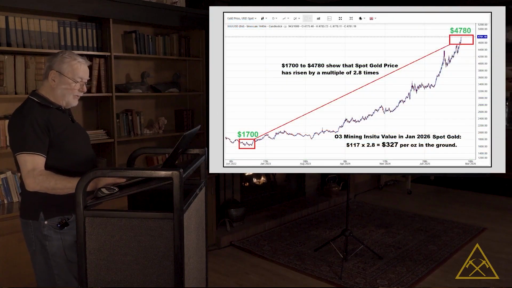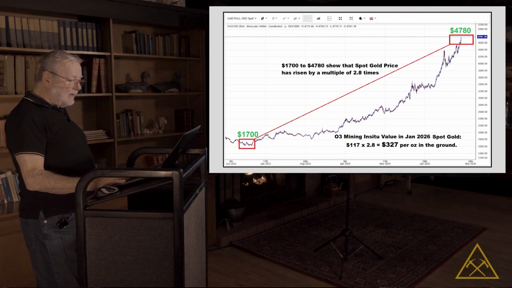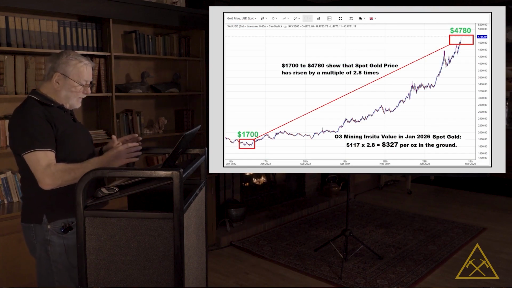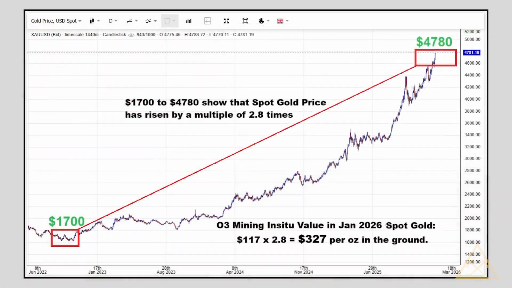Well, let me show you. Three slides back, we looked at what happened between Agnico and Q3 at $1,700 an ounce, factored in today's close to $5,000 an ounce. We came up with $327 in the ground.